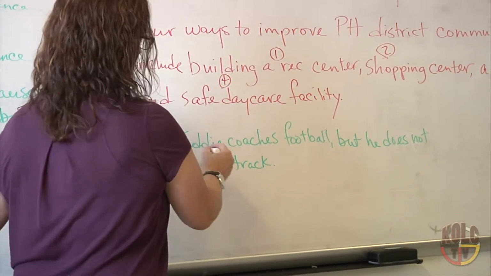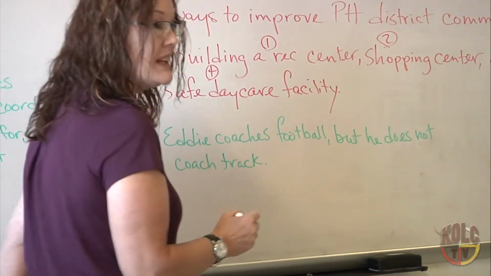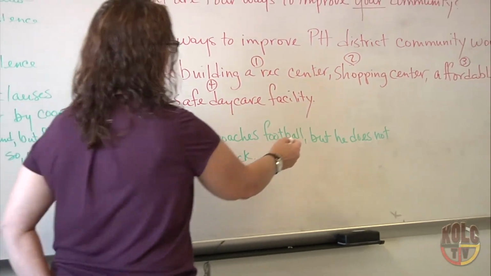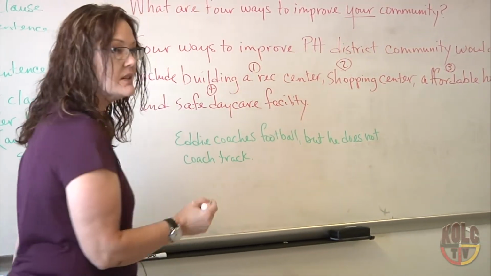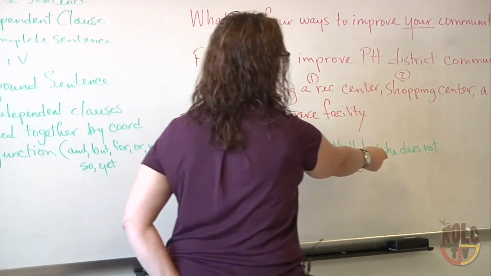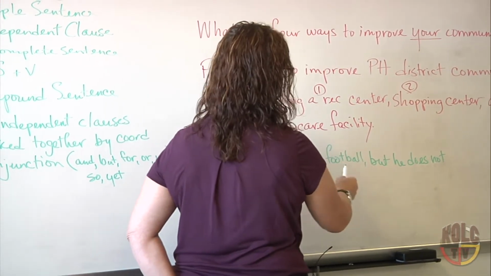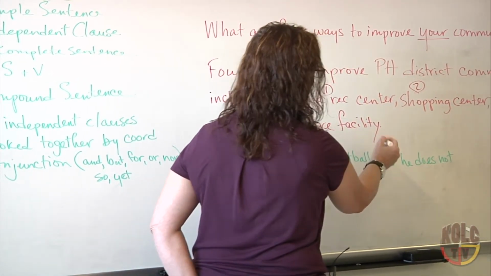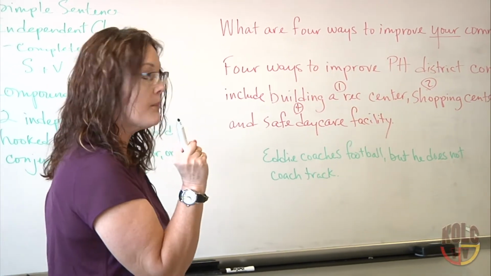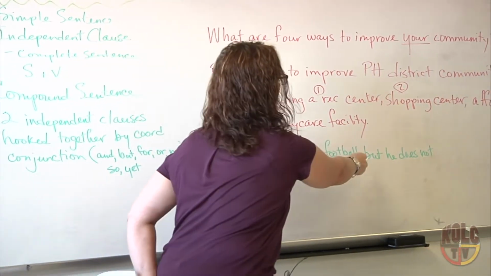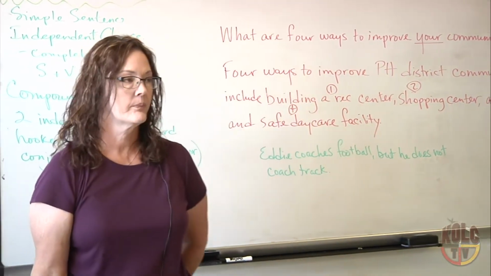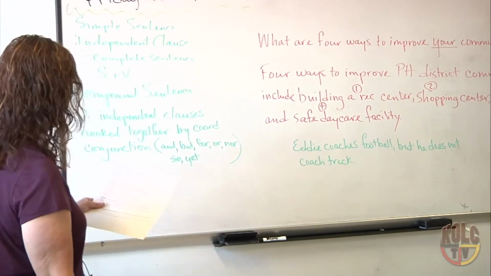Okay? Two sentences. Eddie coaches football. That's a complete sentence. That's a complete thought. He does not coach track. That is a complete thought. And I just used a pronoun, and this refers to Eddie, of course. So, the way that you hook them together into a compound sentence is you use a comma and a coordinating conjunction. It's that simple. Okay?